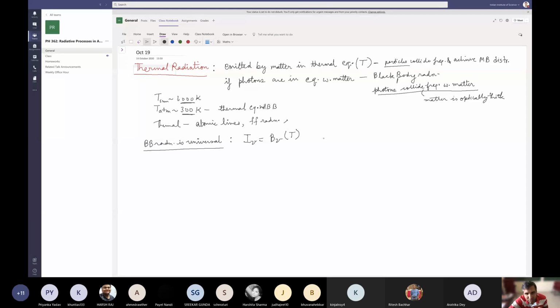The continuum in stars is black body, but there are absorption features which come from the atmosphere, the optically thin layer above the black body. If in a lab we heat sodium high enough, it will give off a black body spectrum, if you have enough of it, an optically thick column of sodium. Okay, thank you.